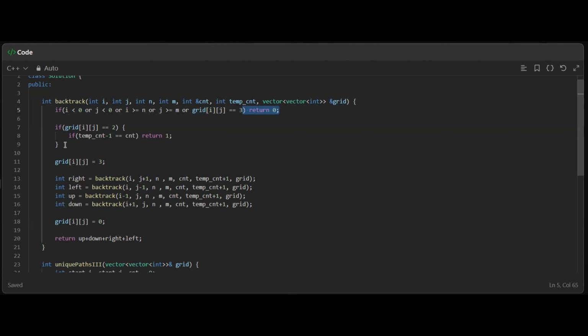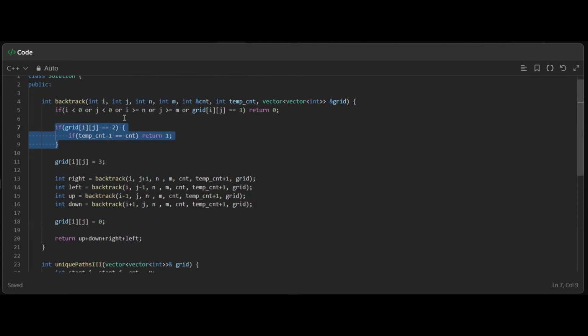Now we have to check if currently we are at the ending position, and if our total visited cells, which is temporary count minus 1, is equal to the total number of empty cells present in this grid, then we have to return 1. That means we have found one possible way to reach the destination cell where we have covered all of the empty cells.